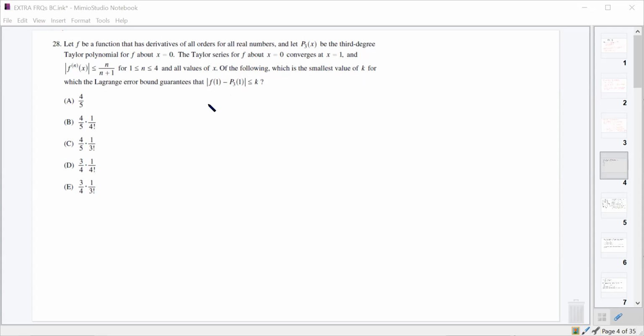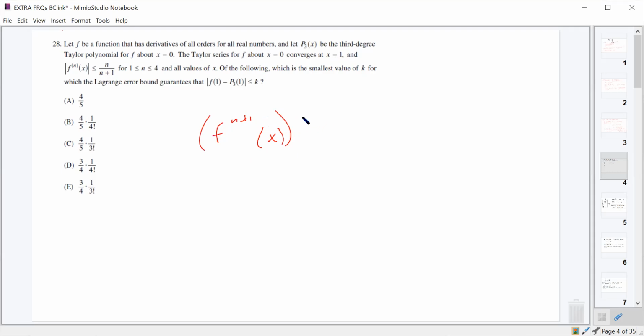So we're really just looking at our error, and our error is just less than or equal to, always, the n plus first derivative times our x value, which in this case is going to be 1 to the n. So we've got our n plus first derivative. Let's write this better. N plus first derivative at x, where x is some value between 1 and 4.